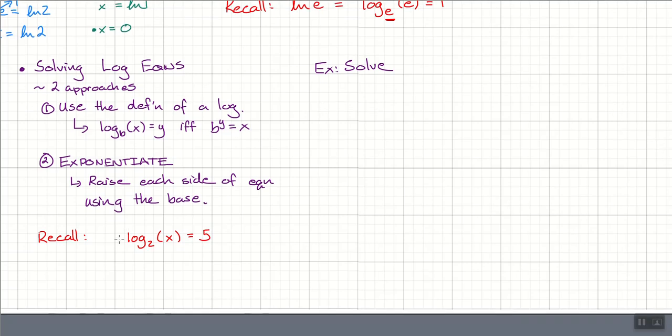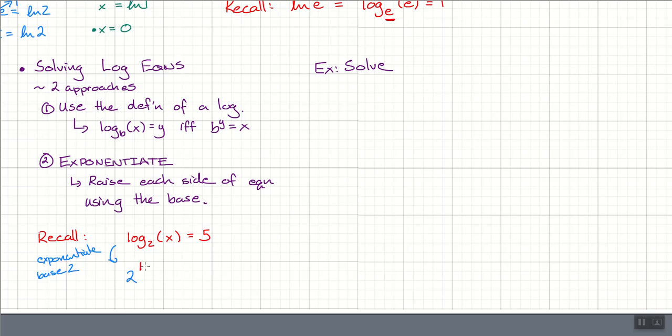If I want to undo a log base 2 of x, I can simply use the exponent. And what I mean by that is if I exponentiate base 2, I could raise the entire left side to the power of the base 2.